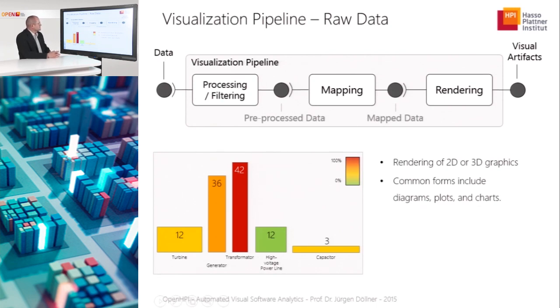So what you see here is the whole visualization pipeline, starting with data, processing the data, mapping the data onto visual variables and graphics primitives, and rendering the mapped data, resulting in visual artifacts, in visual representations, frame buffer images, or any other interactive computer graphics.